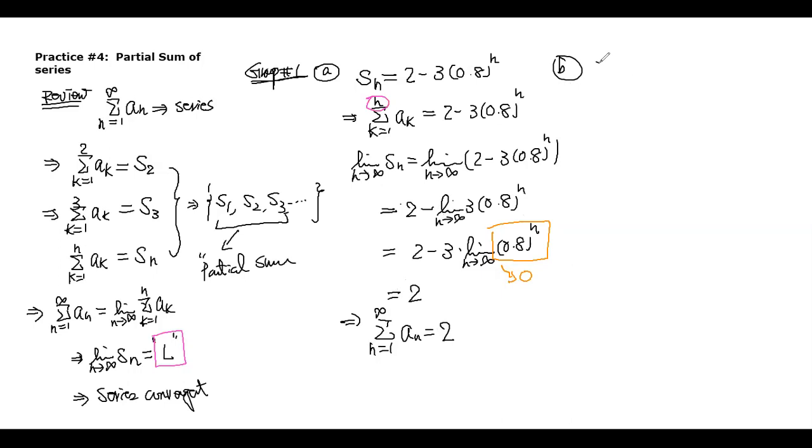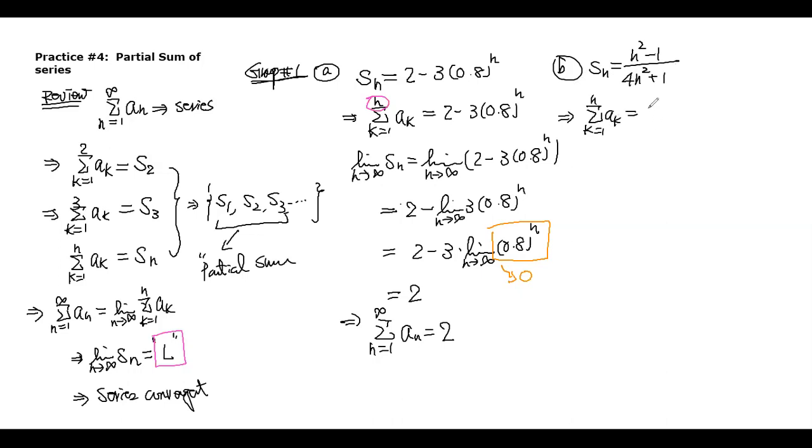If my partial sum is (n squared minus 1) over (4n squared plus 1), see here. Remember, this is a partial sum. That means I have some series, the sum from k equals 1 to n of a_k.